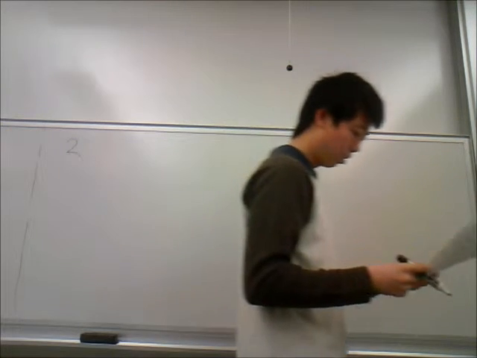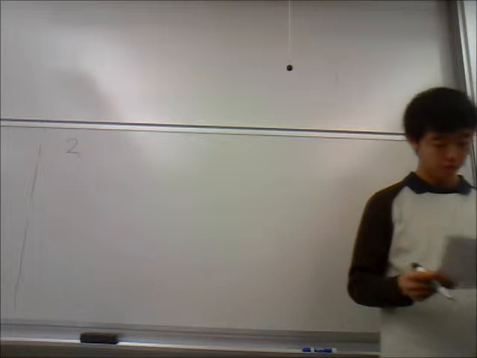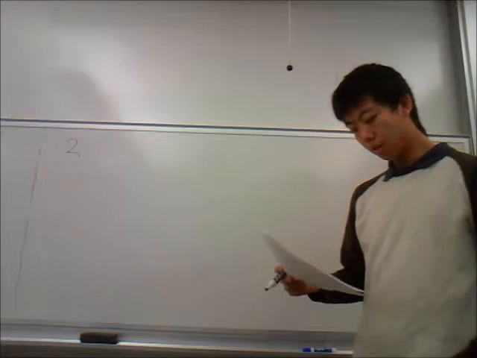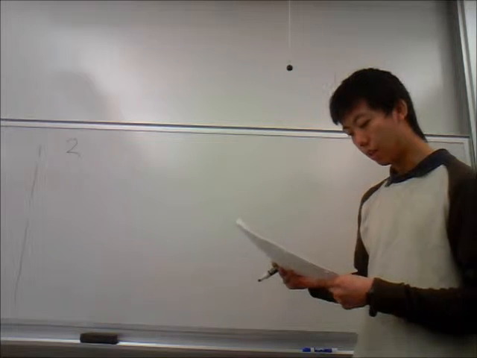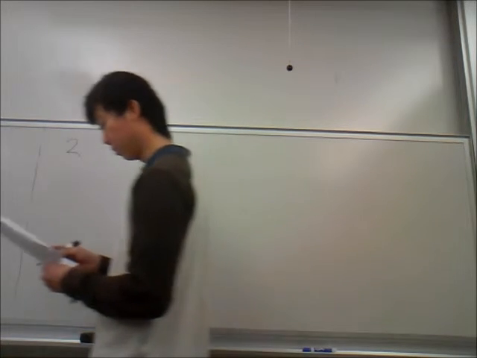All right, number 2. Number 2 is also pretty straightforward. Essentially what we're looking for is, first of all, the A and the omega of the limit cycle.